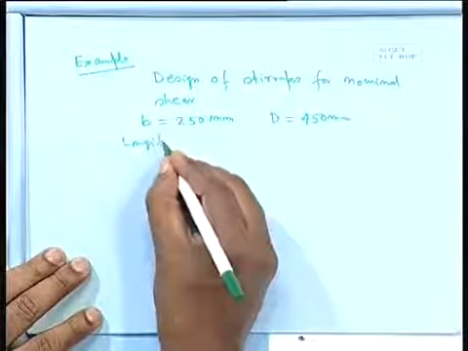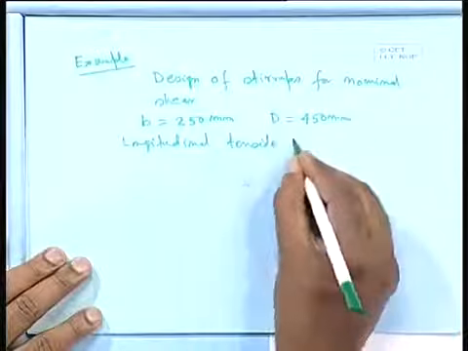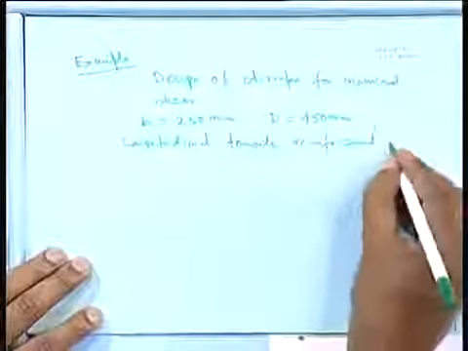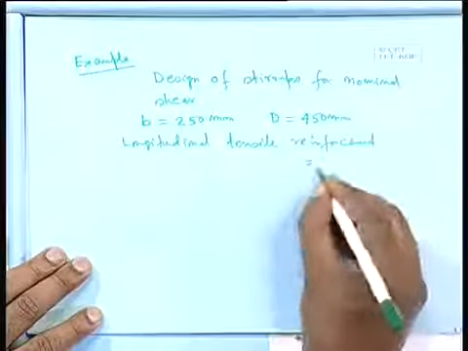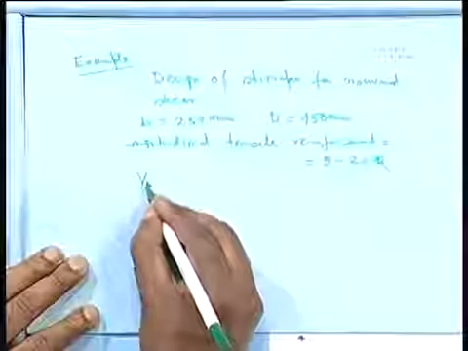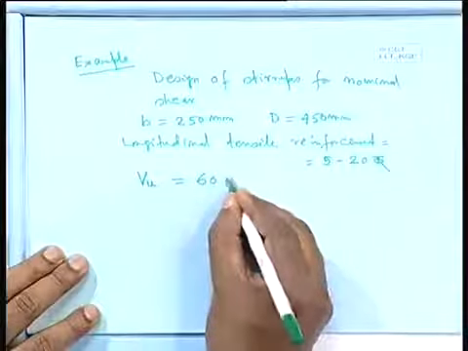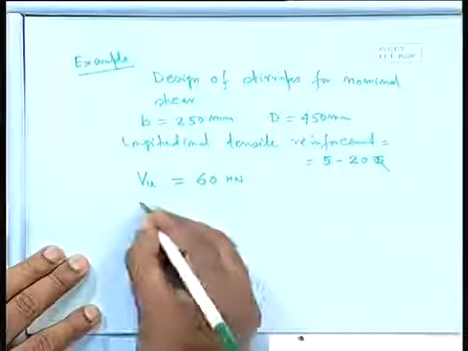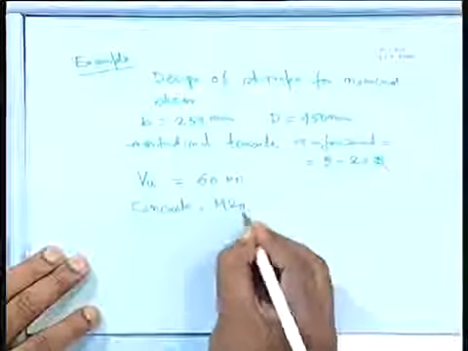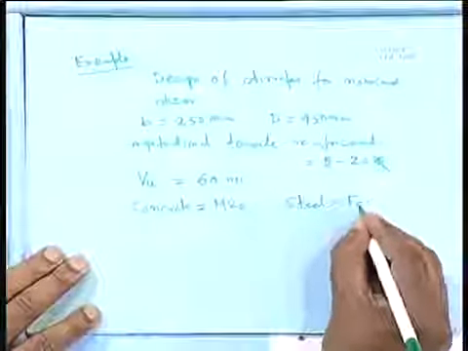longitudinal tensile reinforcement, that is here 520 torr, VU, the shear force, that is the factored one, 60 kilonewton, concrete M20, steel Fe415.